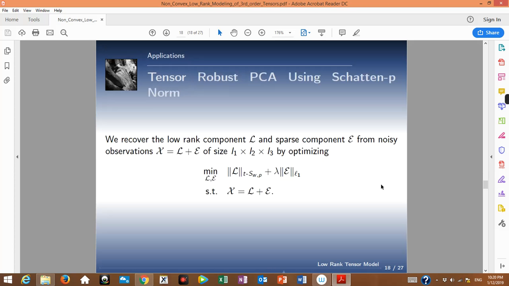But here we can also use the Schatten-p norm to approximate the low-rank part of a tensor. That is, if we try to find the low-rank and sparse components of a third-order tensor, we can minimize this objective function.